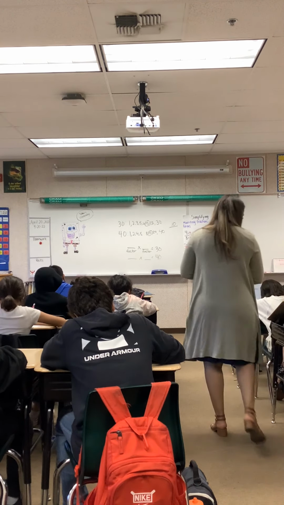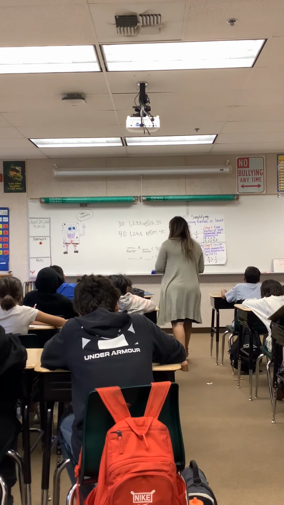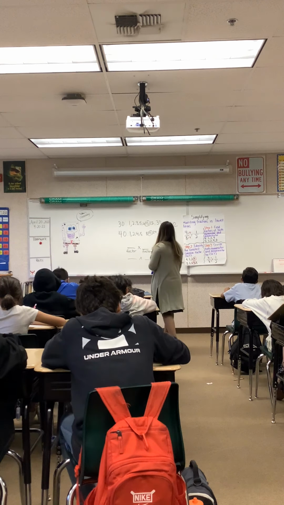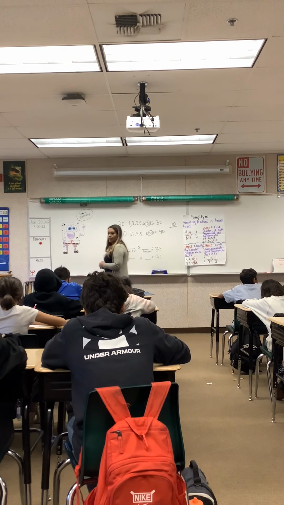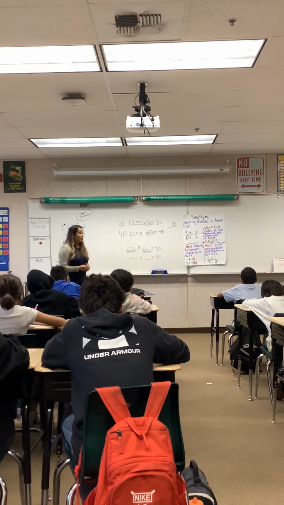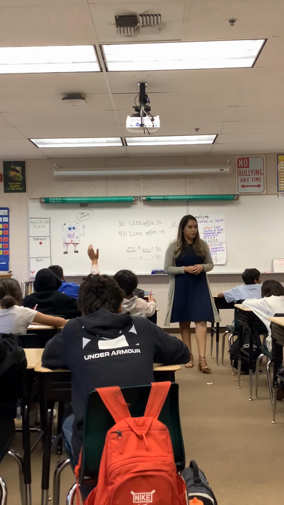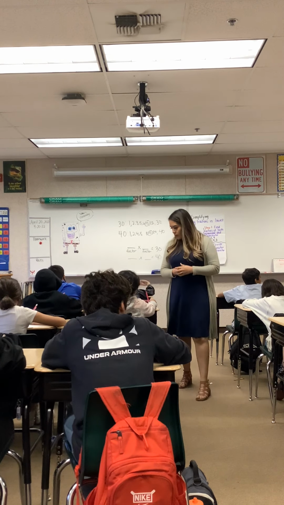Give you a couple of minutes to work out 3 and then we will check our answers. If you are having trouble finding the factors, you may use your multiplication chart.